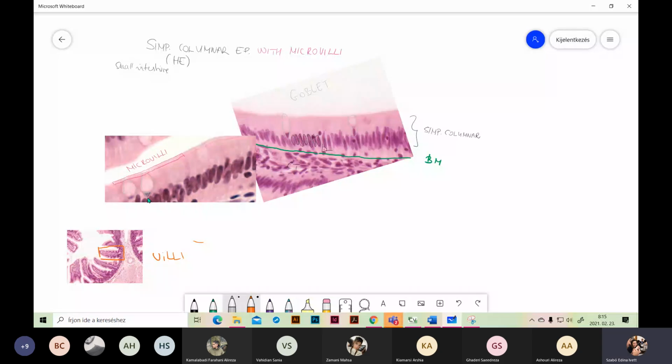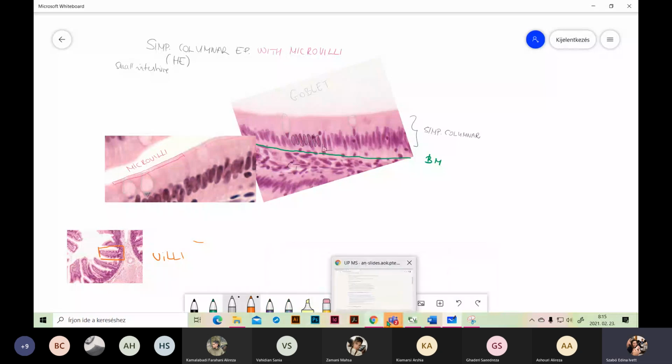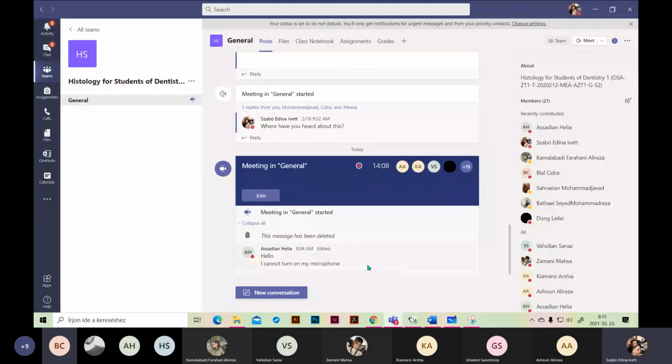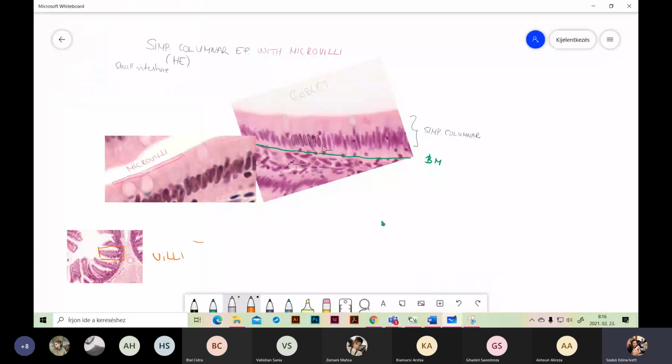What do you think? Is it the pale staining? The PAS staining. Javad is here, okay. If we want to show the carbohydrates in our slides, we have to use PAS staining.